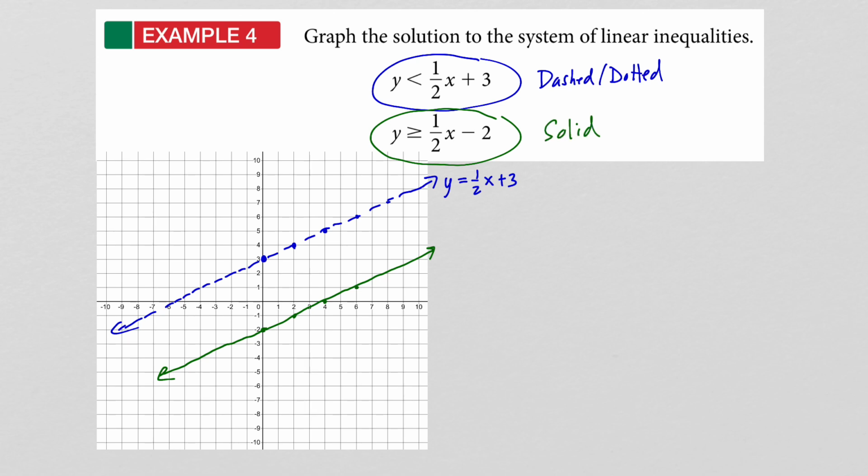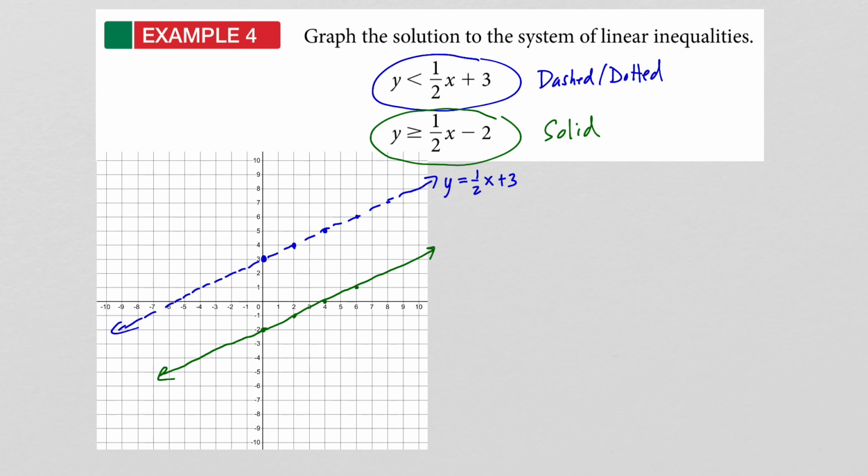Now, the solution, notice that these lines are parallel. The solution is all the points that satisfy both of these. So in the first one, we have y is less than. That means below. So we have to be below this line here. But then the second one says y is greater than or equal to. So that means we have to be above this line here.